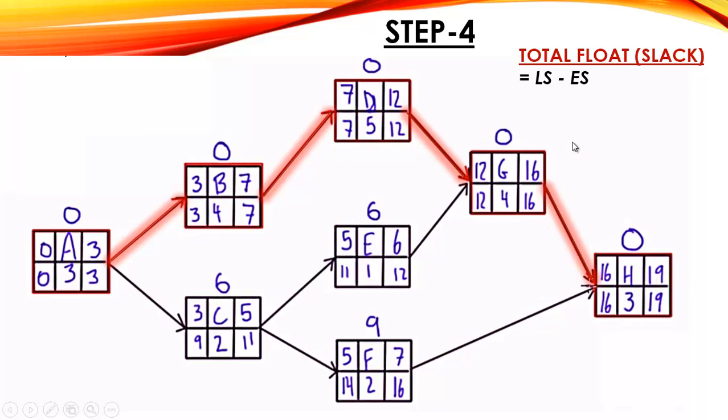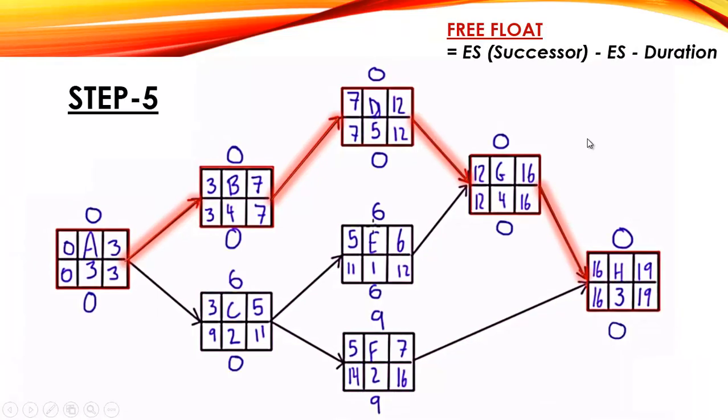So now we will discuss the free float. The formula for the free float is the early start of the successor minus the early start of the activity for which we are calculating the free float, minus its duration. For example, for activity B, the early start of the successor is 7, minus the early start of that activity, 3, minus 4, that is equal to 0.